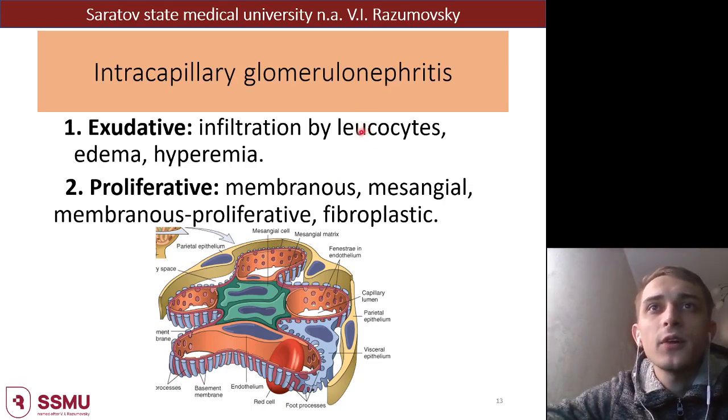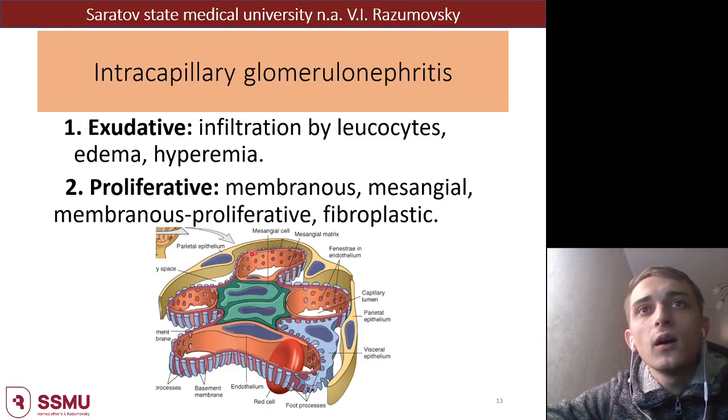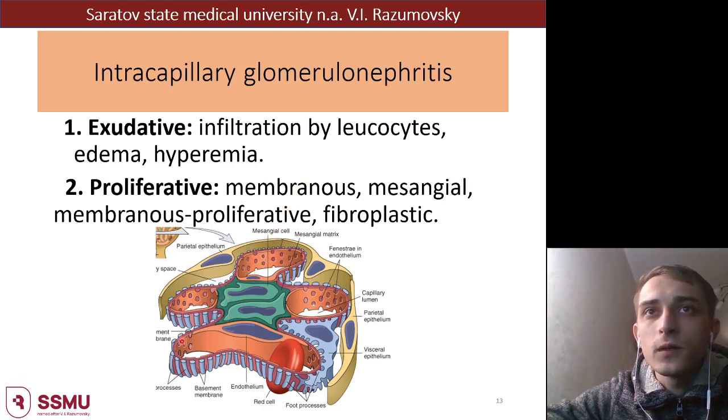Intracapillary glomerulonephritis may be exudative and proliferative. All of them will be localized in this part of the glomeruli. So it may be associated with infiltration by leukocytes, edema and hyperemia of these vessels. You may see all these manifestations in this part of the glomeruli.